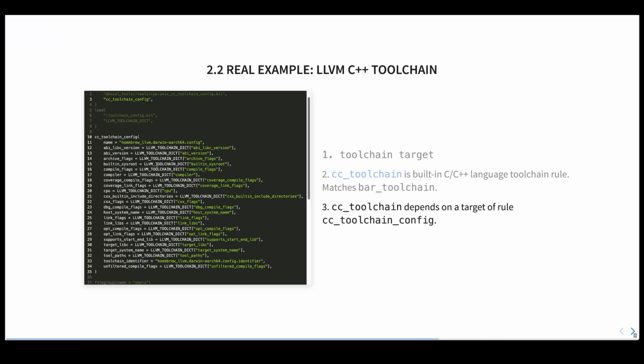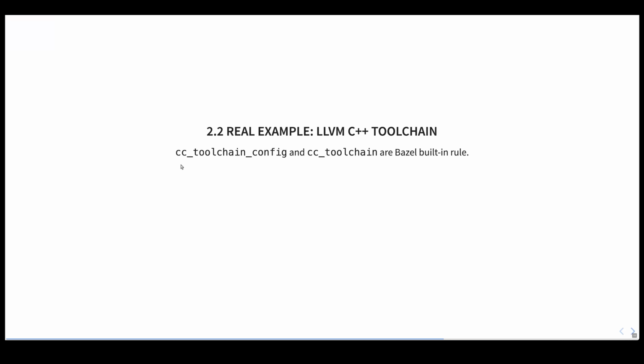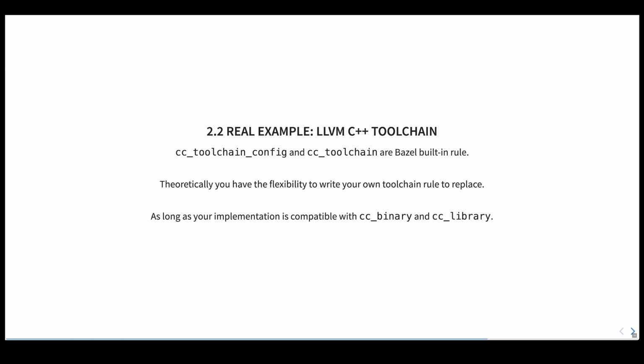If you want to know how CC toolchain config can be configured or what the actual parameters I should fill are, please click the link here. Now I want to give you some hints. The CC toolchain config and CC toolchain are Bazel built-in rules. You definitely have the flexibility to write your own toolchain rule to replace them, as long as your implementation is compatible with CC binary and CC library.